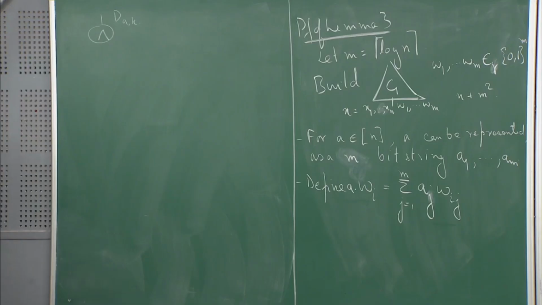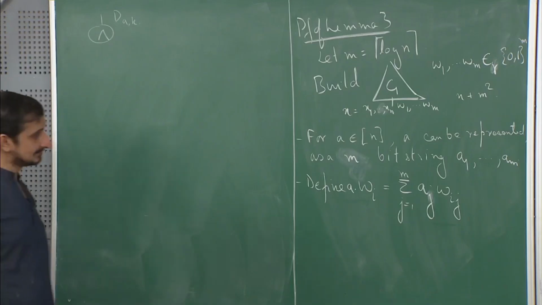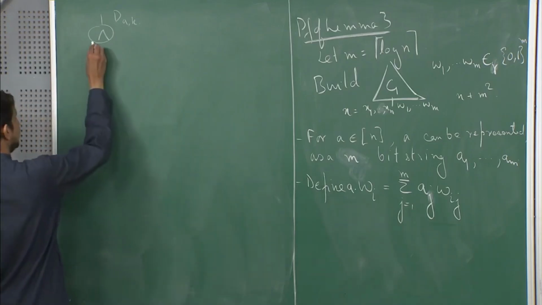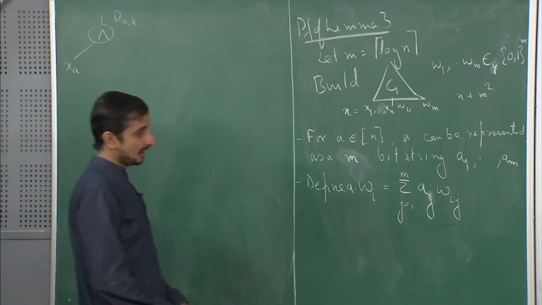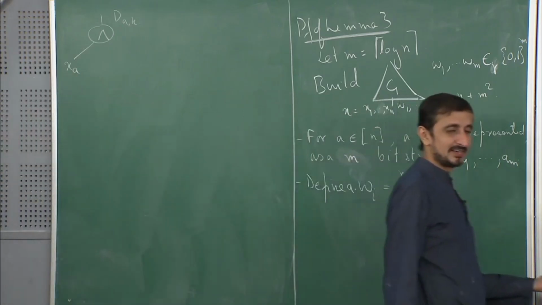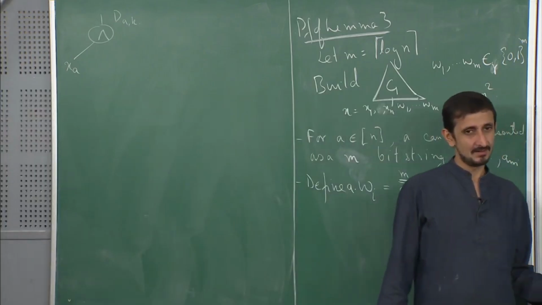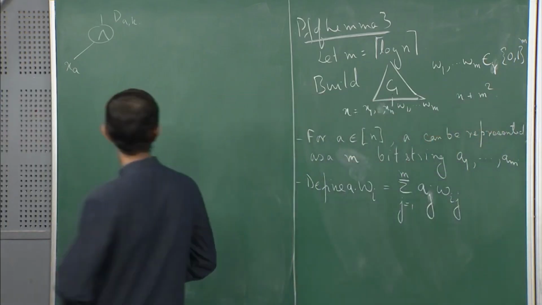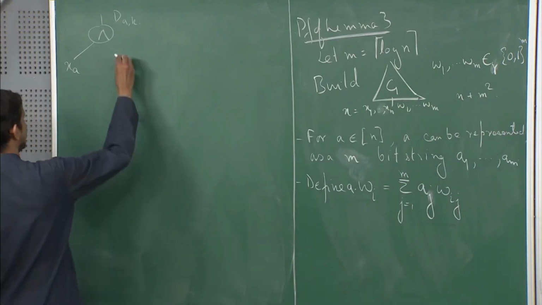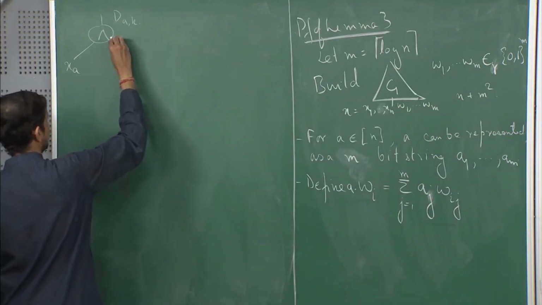So what will DAK take as input? It will take XA and, but how do I do negation? Exactly. So what I will do is that I will just insert a 1.